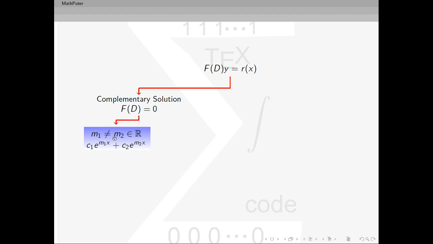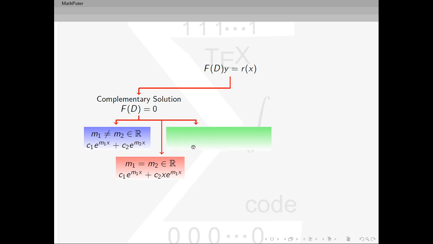Suppose m1 is equal to m2, then the solution is c1 e raised to m1x plus c2 x e raised to m1x. If I don't write x here, then the functions are e raised to m1x and e raised to m1x. The functions are the same. They are linearly dependent. We are interested in linearly independent functions. That's why we multiply by x in the case when the roots are equal.